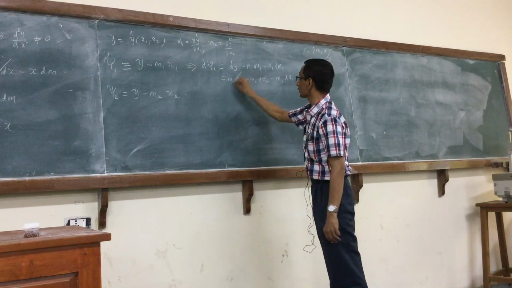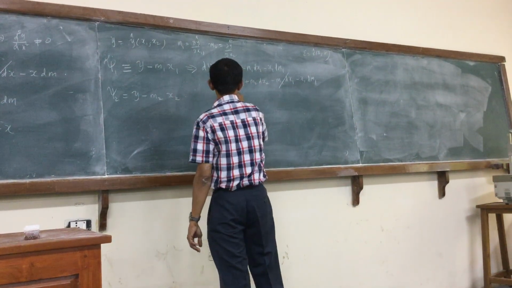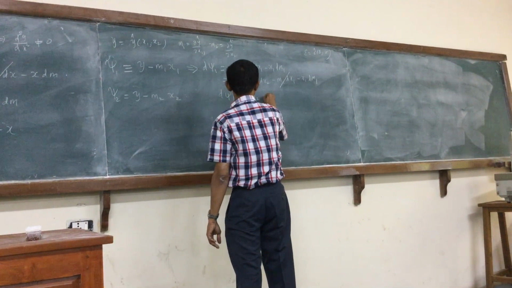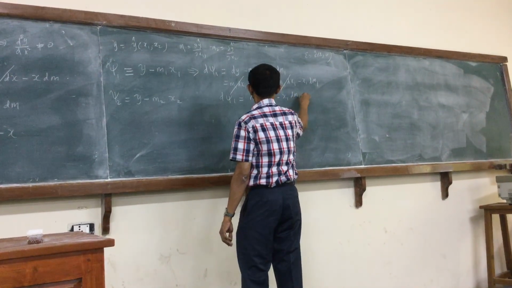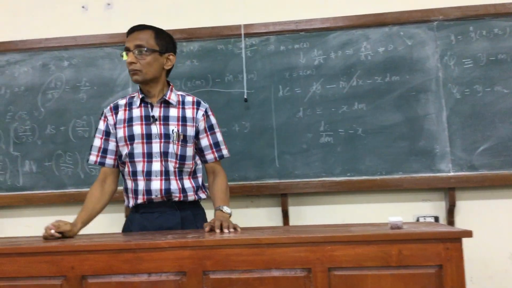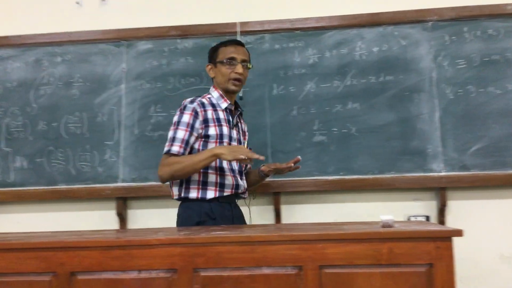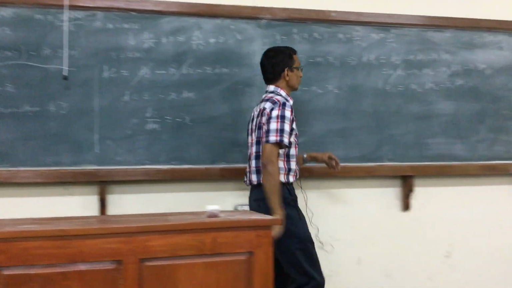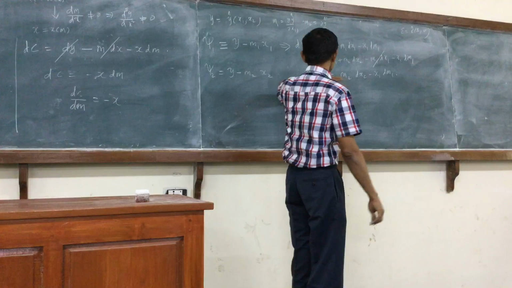Really, m1 dx1 will cancel out, and so I get d psi1 is equal to m2 dx2 minus x1 dm1. The manipulations are very straightforward, you can do it very efficiently. But it's important now to see what is the meaning of this.